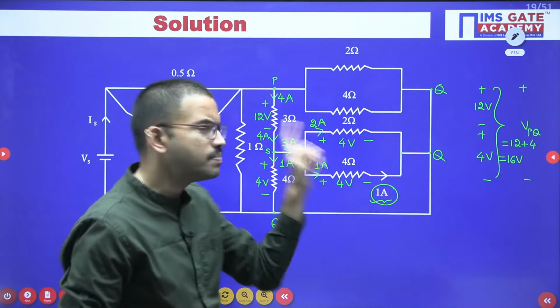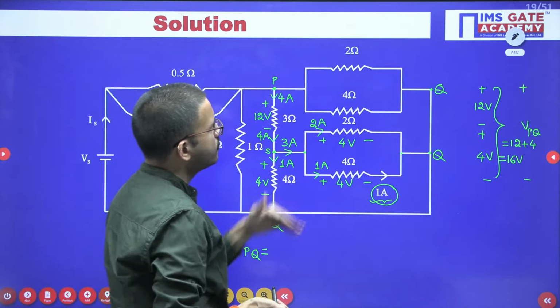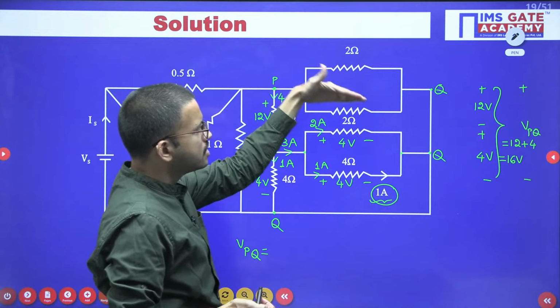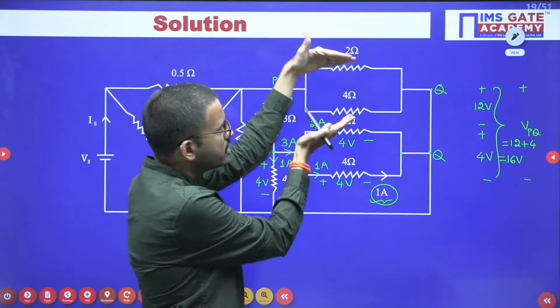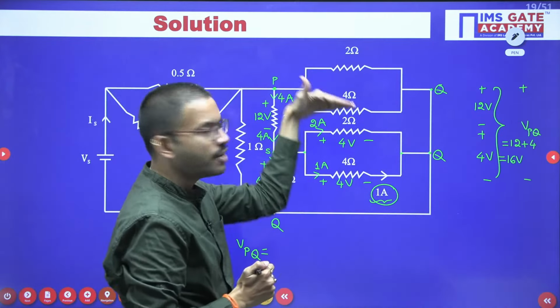That is correct. In a similar way, if you observe carefully, here you have a 2 ohm resistor, here a 4 ohm resistor, both connected in parallel. Obviously, voltage will be the same across these 2 elements.